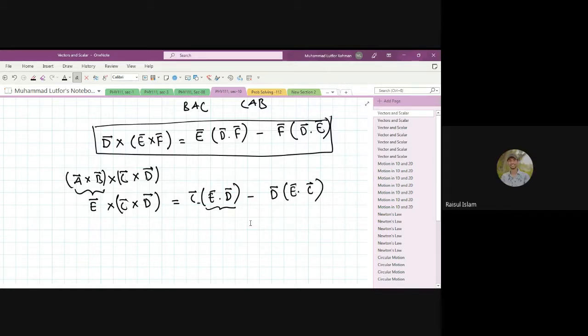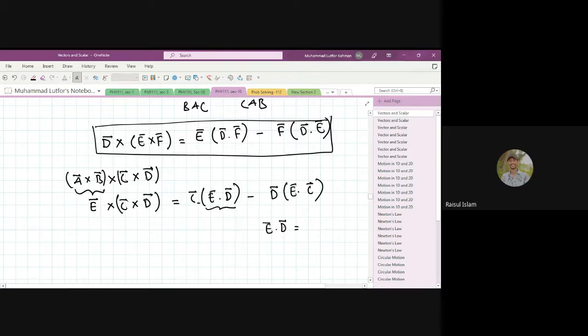Sir, I have a question. Sure. Sir, in this method, the left hand side and the right hand side are the same, of course. So if we do the cross product on the left hand side, for any cross product we will get a vector. Okay, you're talking about the left hand side being a vector, right? Yes, left hand side is a vector, but the right hand side may not be a vector, I think. I got your point. Look at this. So E dot D, what will it give you?